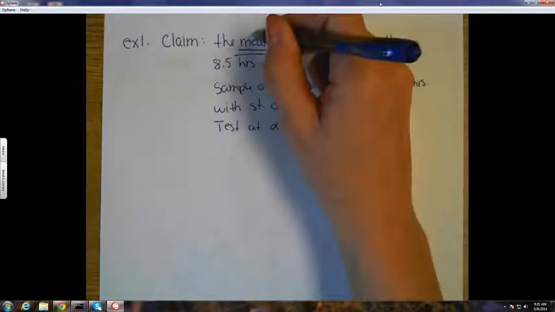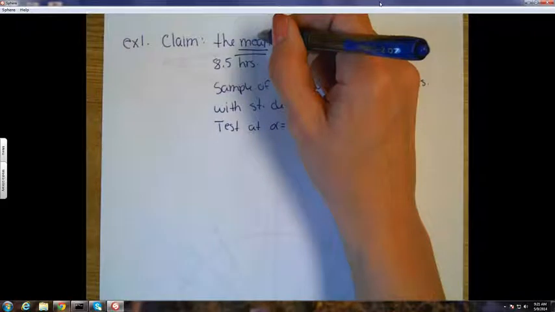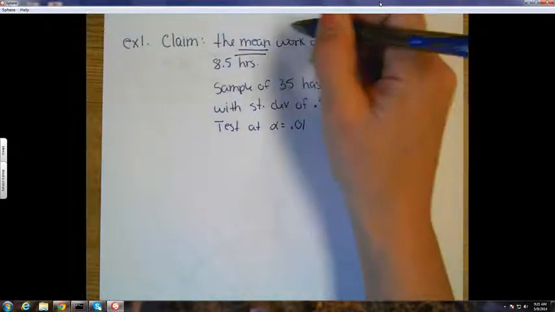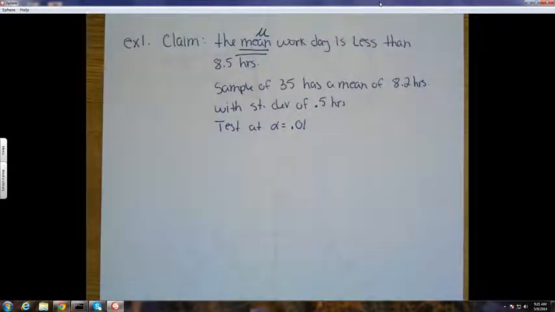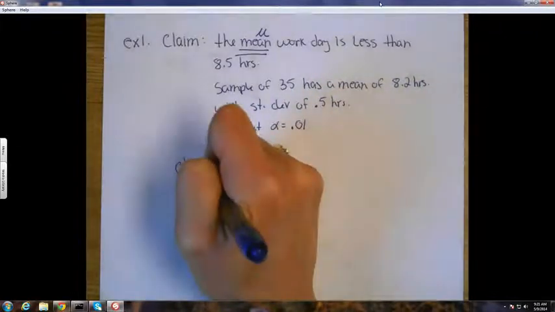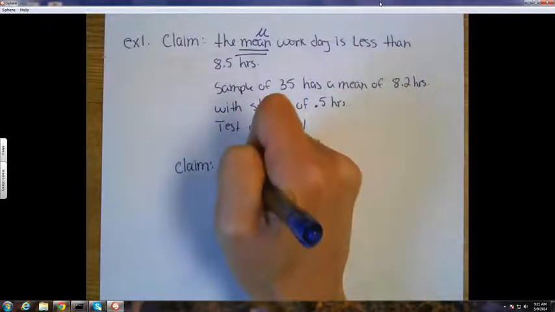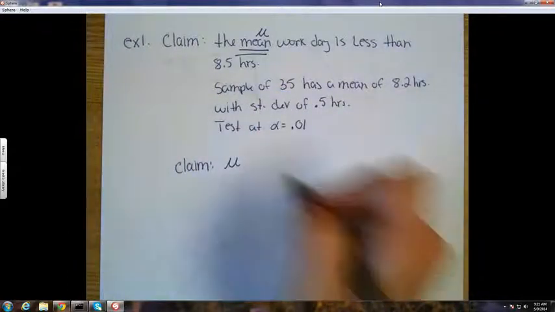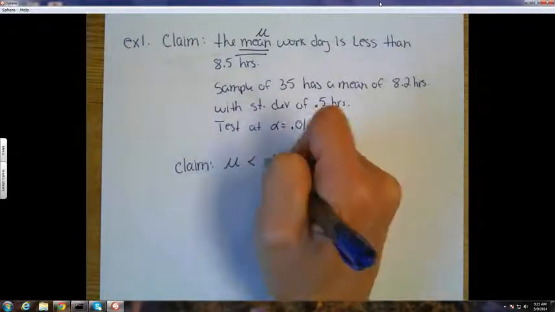Which mean? What are claims always about? The population, if he's claiming this for all of his employees. So the claim in symbols is that the mean is less than 8.5 hours.